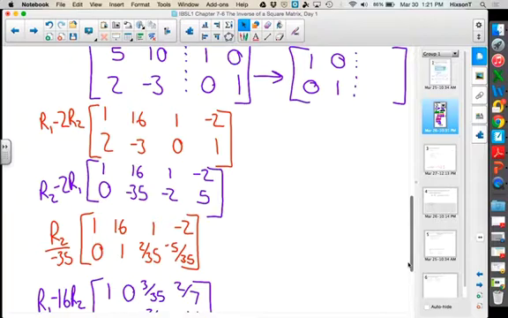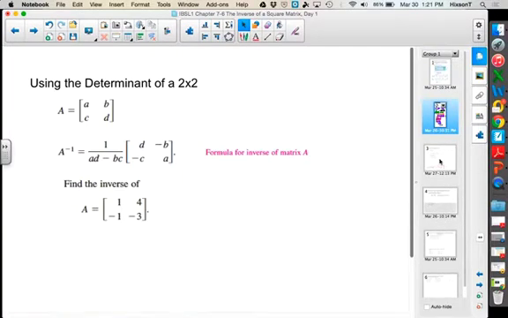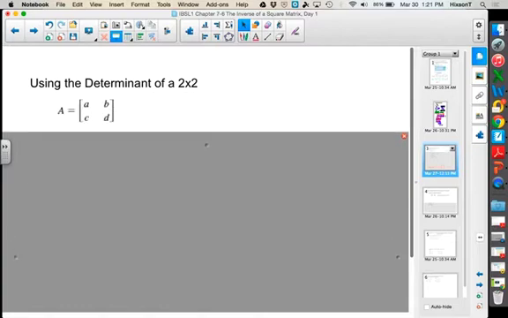Okay. Well, let's look at our last method, and this only works for 2 by 2. And what we have here is called a determinant of a 2 by 2. We're going to look at determinants again here in the near future, but this method relies on the determinant of a 2 by 2.